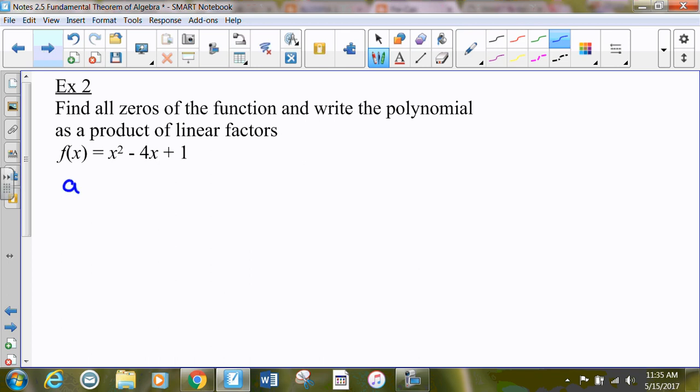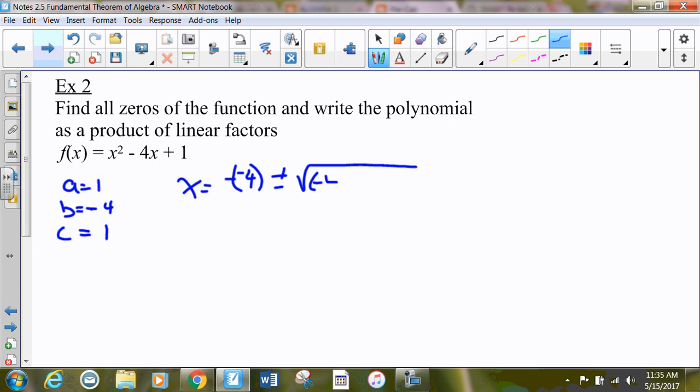So we know that a equals 1 and b equals -4 and c equals +1, and x equals negative b, so 4, plus or minus the square root of b squared minus 4ac, all over 2a. All right, so we're going to have a little bit of fun with this.